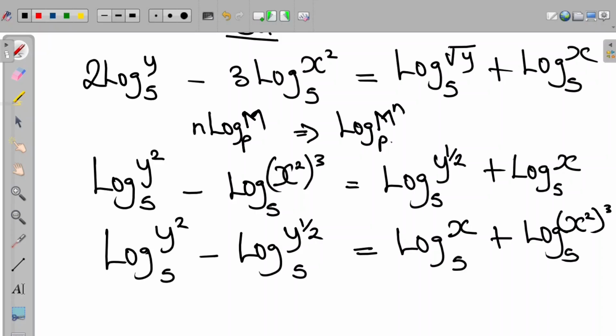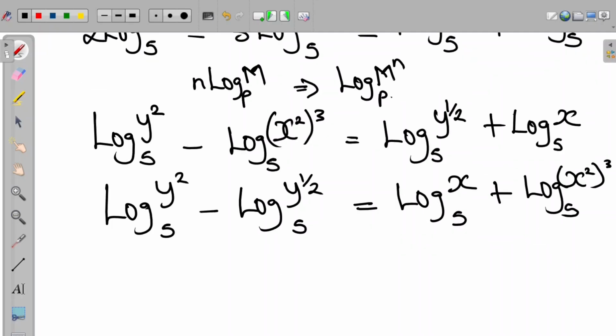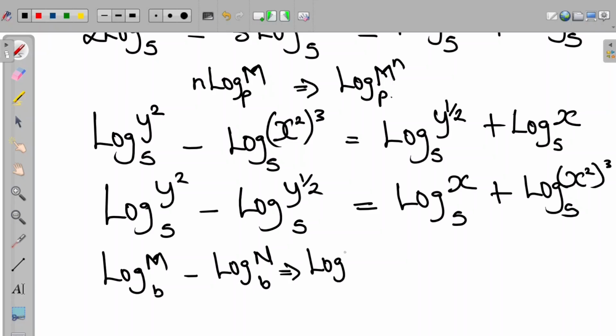Now, at this point, we can apply the addition and subtraction law of logarithm. So recall that for the subtraction law, if I have log m to base b minus log n to base b, this can be expressed as log m divided by n to base b.